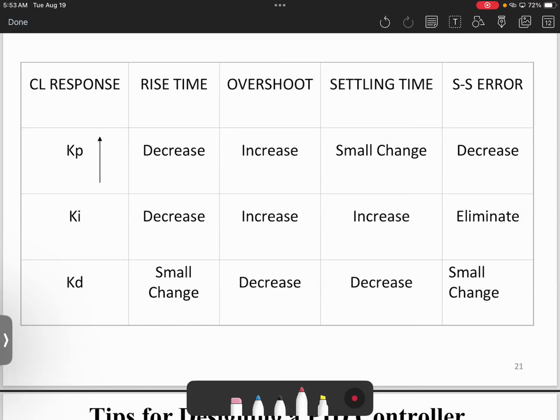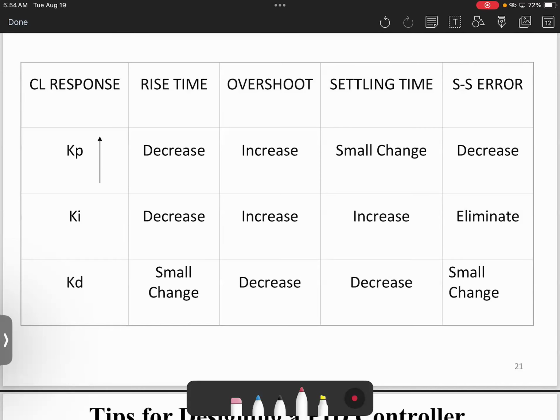Steady state error will decrease, but not be eliminated. And we all agree that increasing KP beyond a certain range will make the system unstable.